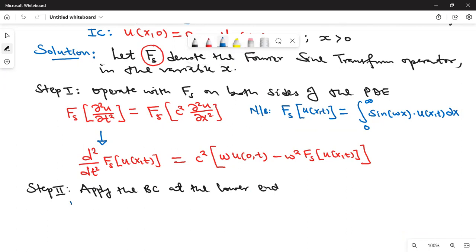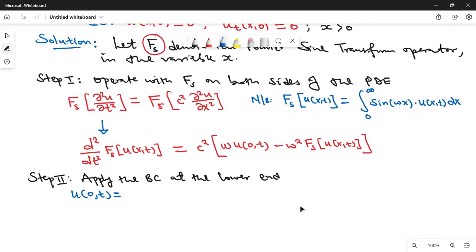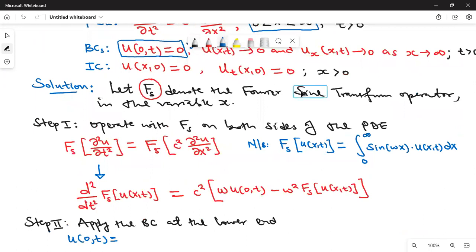So we are given that u of 0, t is supposed to be equal to 0. Was it 0 or 1? Just a minute, I check. The boundary condition at the lower end for this problem was 1. I had written 0 by mistake. This condition is given as 1. Let's have it as 1.